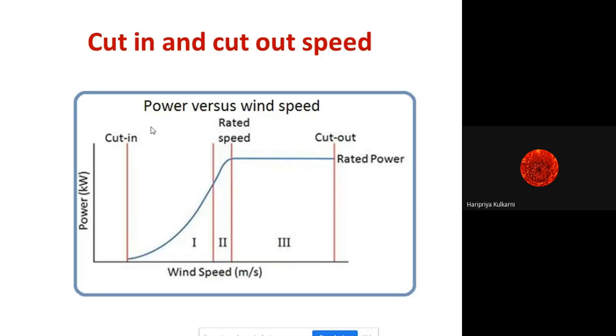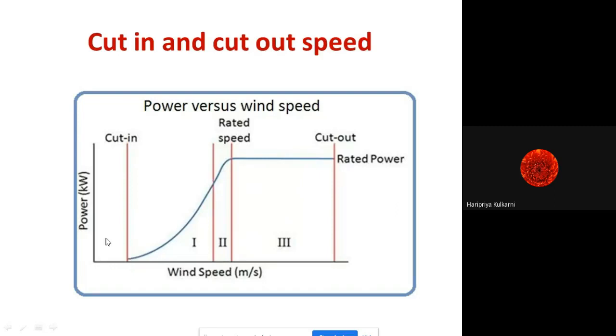So this is one of the important characteristics that we are interested to study. This is the overall operation you can study. I have drawn the characteristics between power and wind speed. Exact values I have not given to you because I would like to explain the different zones of operation. This is called the cut-in speed. If wind speed is below this value, your turbine does not rotate.